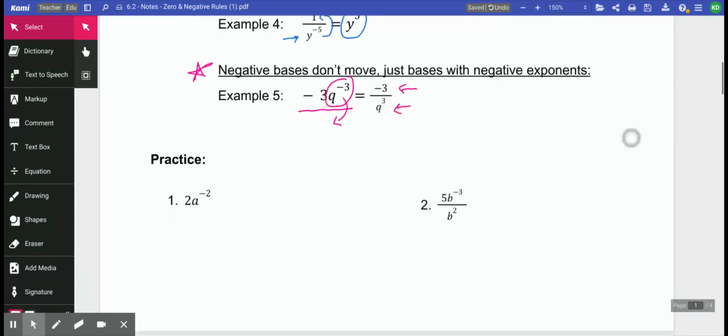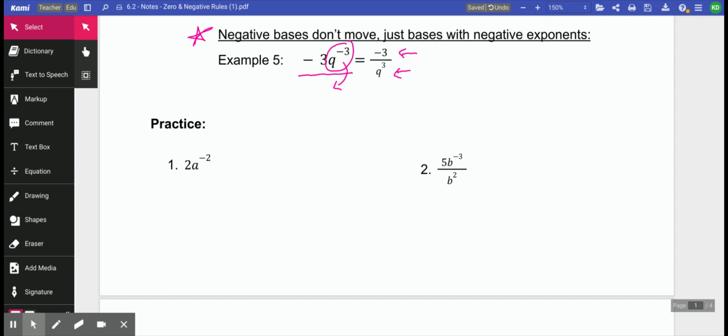See how q to the third is now in the basement with a positive exponent, but the negative 3 is going to stay in the numerator, right? The exponent for that negative 3 is just a positive 1. It does not have a negative exponent. It's just a negative number, just the way we've always had negative numbers. They're fine. So let's do a little bit of practice with these.